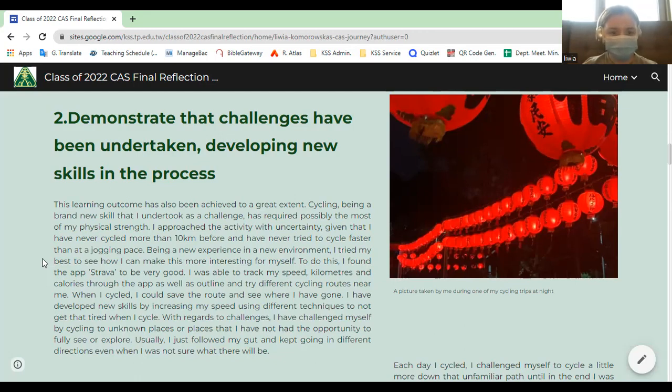Usually I would familiarize myself with some routes, and then I would push myself, let's say 5 more kilometers than I went before. So it was about undertaking those challenges and developing new skills in the process, because I could see that I was becoming more confident with cycling as those challenges were undertaken.